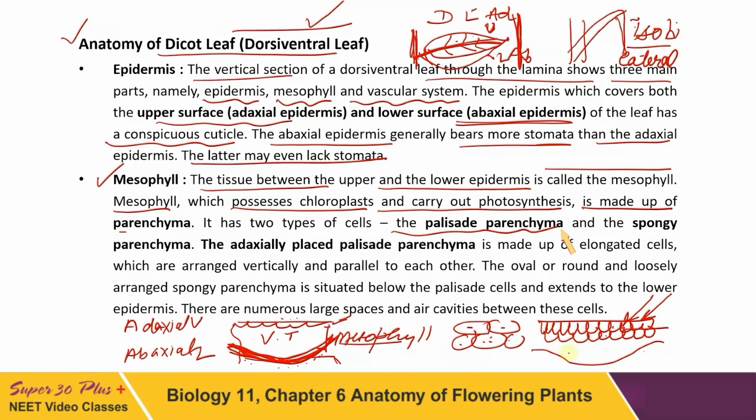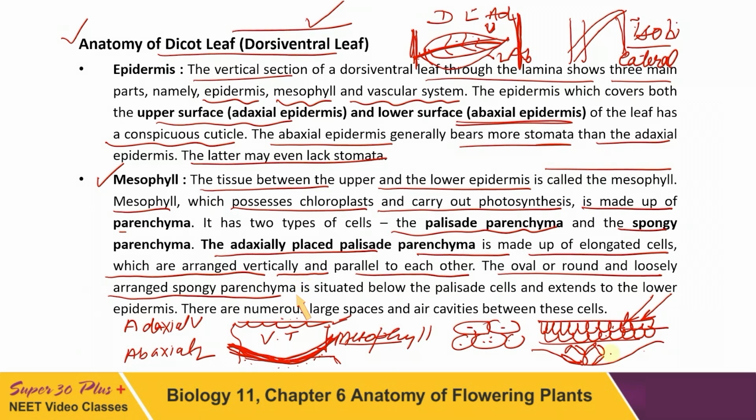The lower part of the mesophyll, between the palisade and the lower epidermis, is the spongy parenchyma, which has more intercellular spaces. The adaxially placed palisade parenchyma consists of elongated cells arranged vertically, parallel to each other, while the spongy cells are oval, round or loosely arranged.